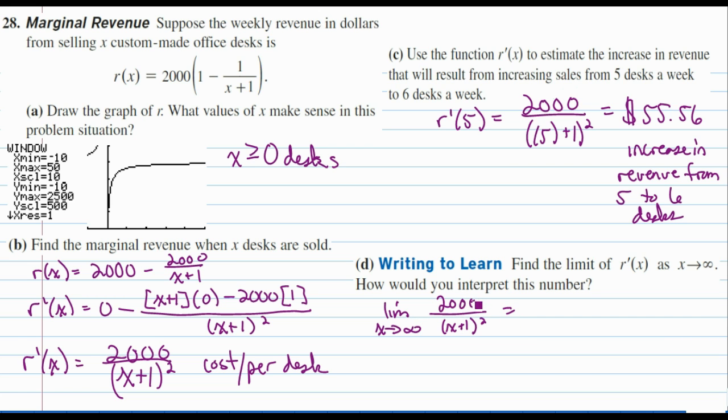I'm going to have 2,000 as a constant in the numerator, and I'm going to divide by a bigger and bigger number, so that is going to approach 0. So as our number of desks goes to infinity, R prime approaches 0. So that means eventually I can keep producing and producing desks, but I'm not going to make any more money. My revenue is not going to increase at all. It's going to stay the same.